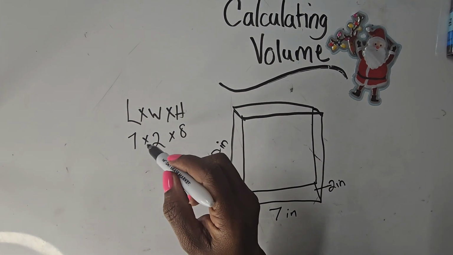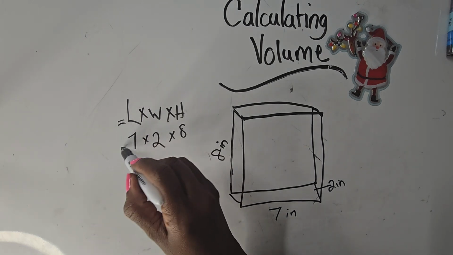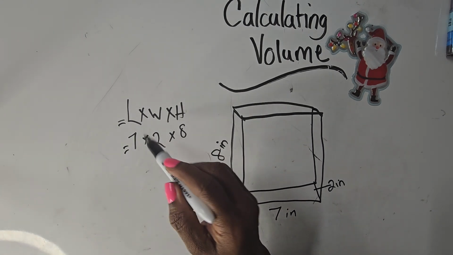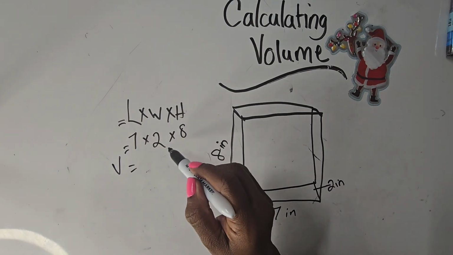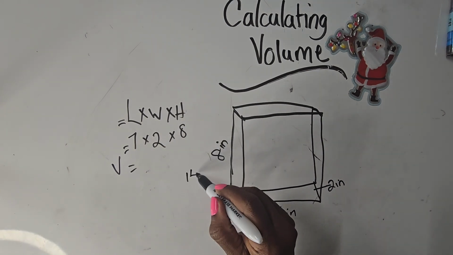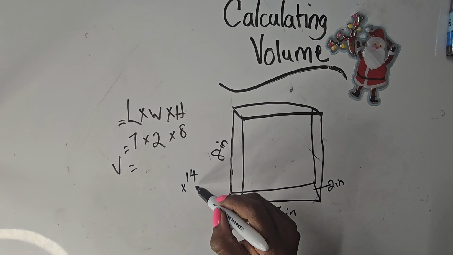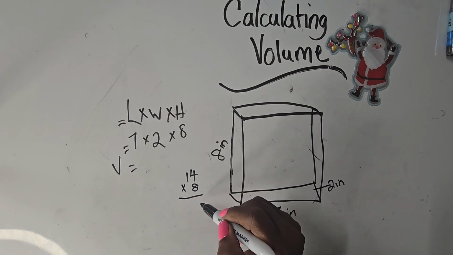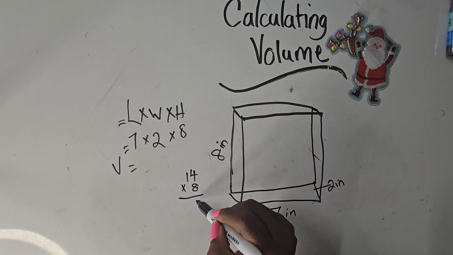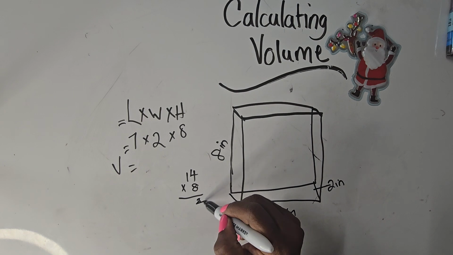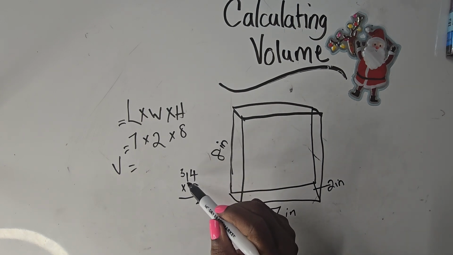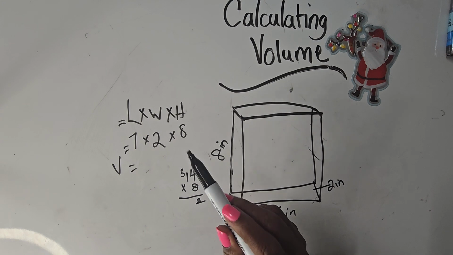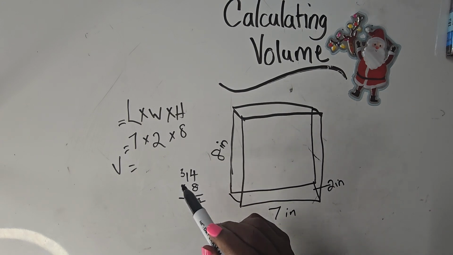Okay? So you're going to multiply for your volume. 7 times 2 is 14. 14 times 8. If you're not sure, do the math. 8 times 4 is 32. 3 times 1 is 3. 8 times 1 is 8.